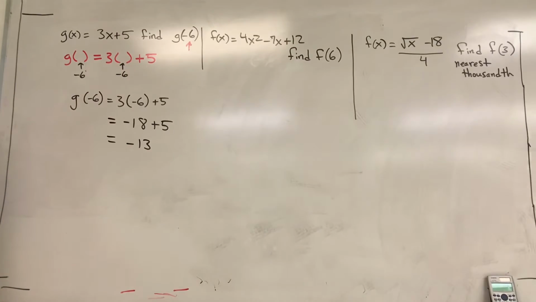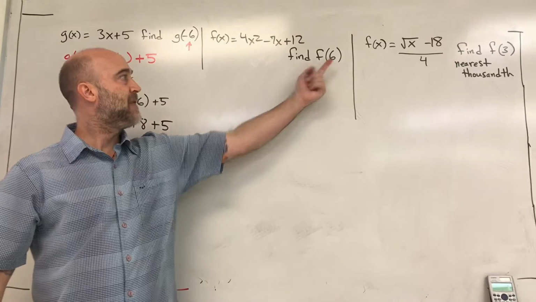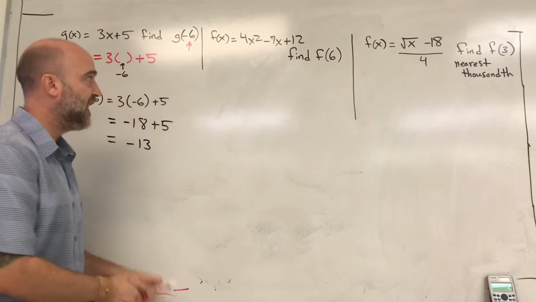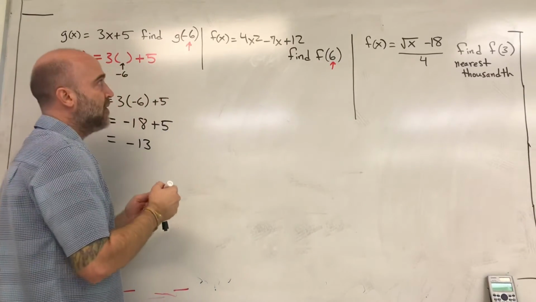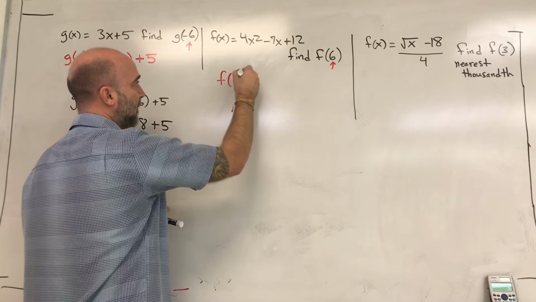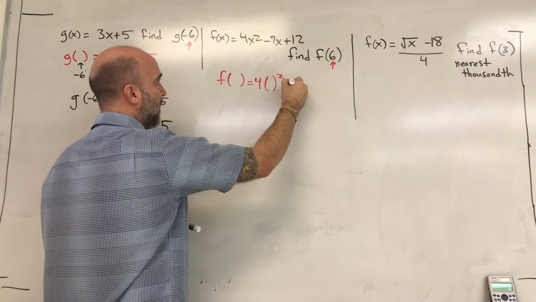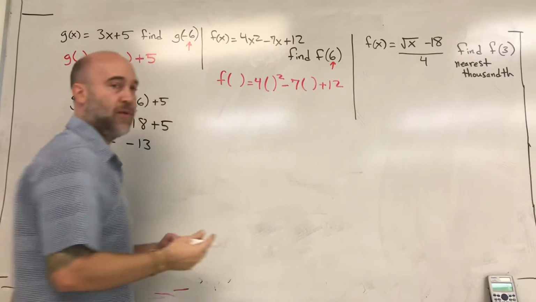All right, next one is f of 6 is what we're plugging in to this function machine. So 6 is what gets plugged into it. And once again, I like doing my skeleton. F of parentheses equals 4, parentheses squared minus 7, parentheses plus 12.